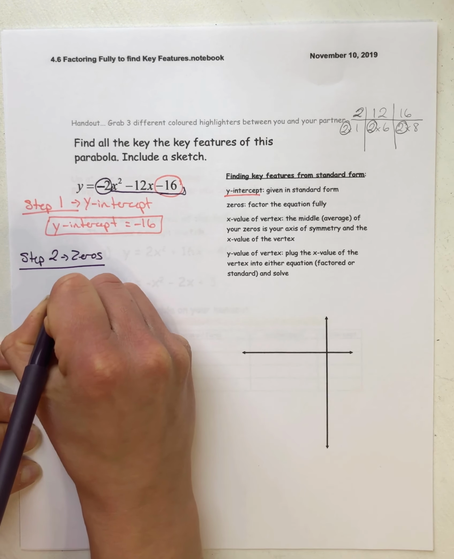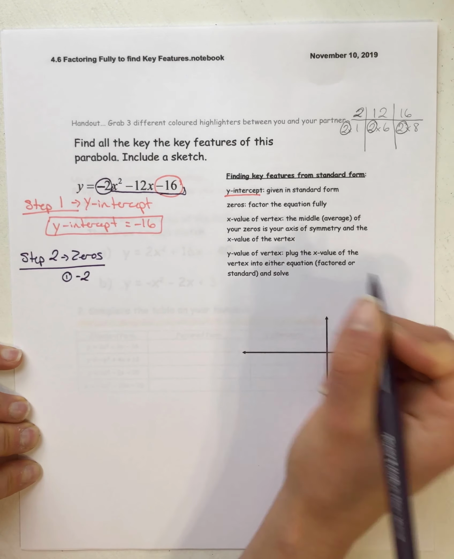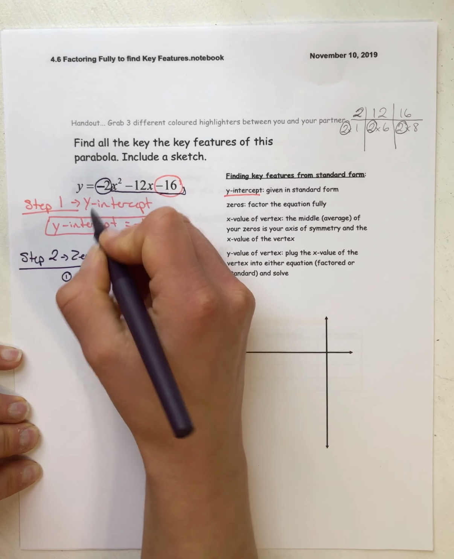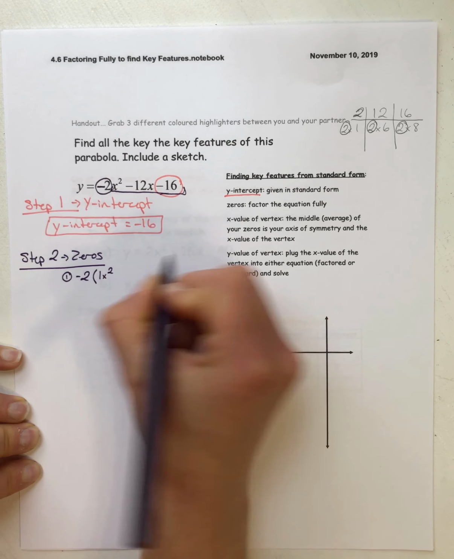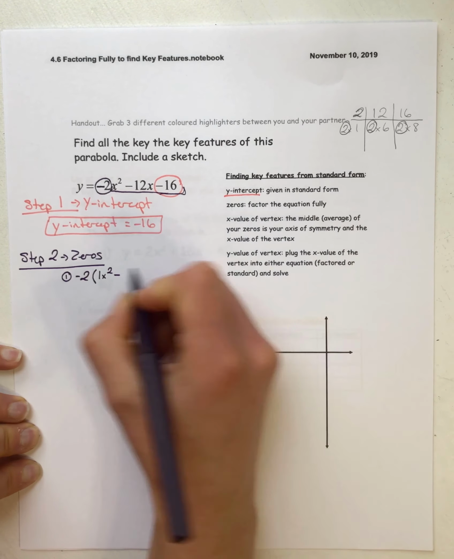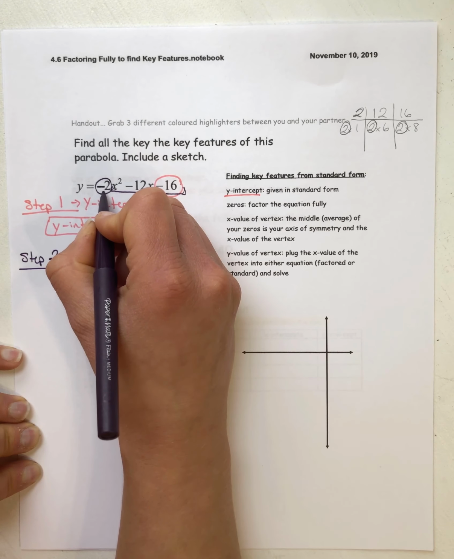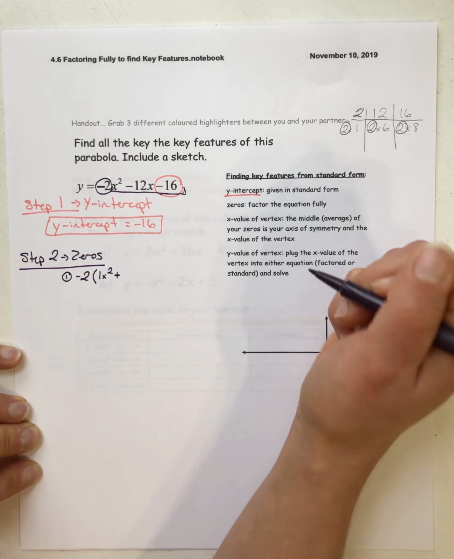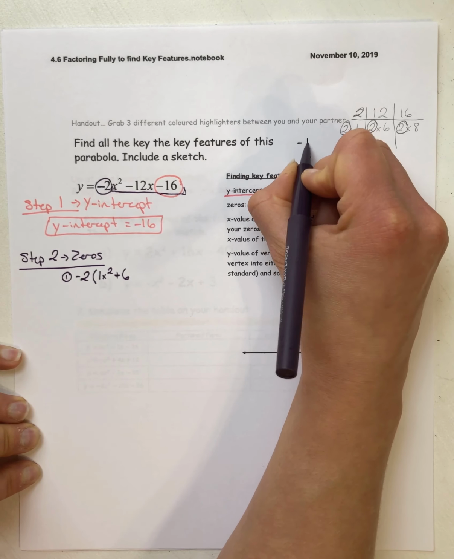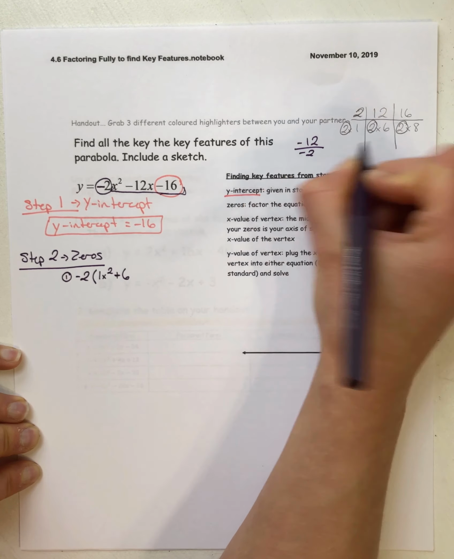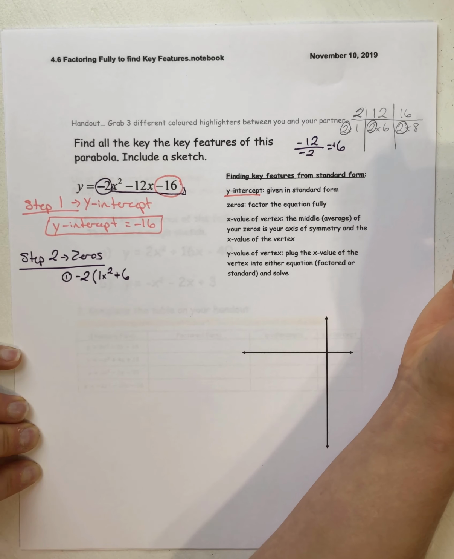So we're going to do our little step 1 here. So we're going to bring negative 2 out front. And negative 2 divided by negative 2 gives us 1x squared plus, because negative 12 divided by negative 2 gives us a positive 6, right? A negative divided by a negative gives us a positive.